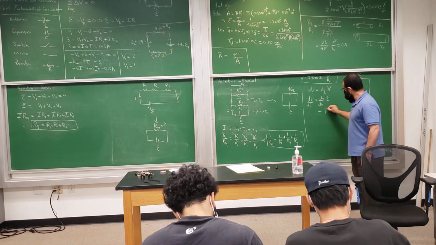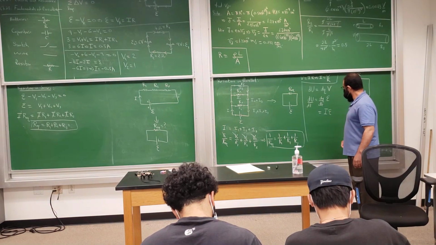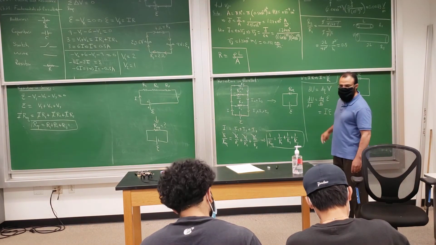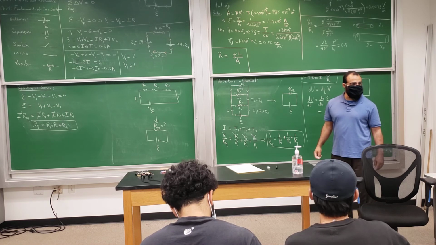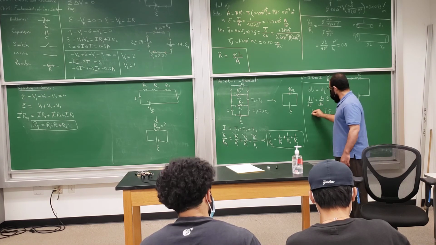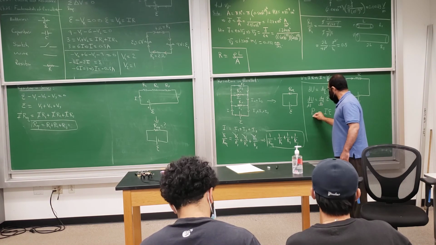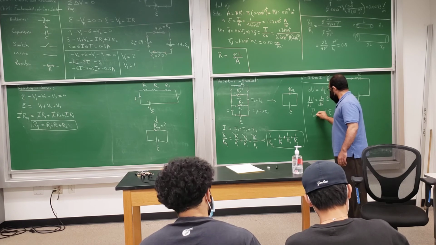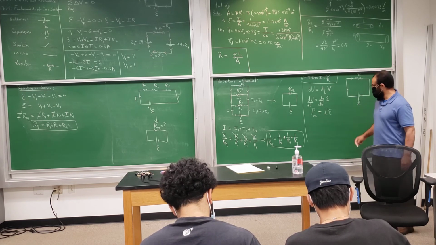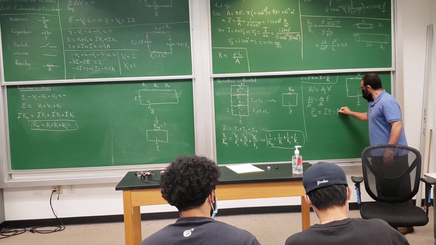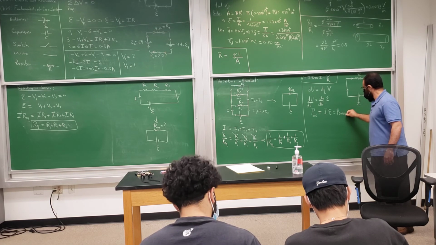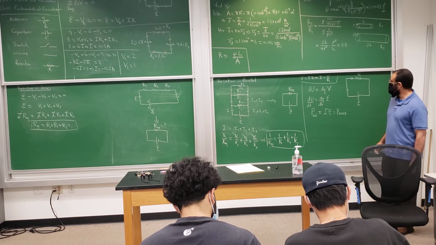So this is I times the voltage of the battery. dU/dt is the power, the amount of energy per second. So this is how much energy the battery is giving you per second. That's the power.